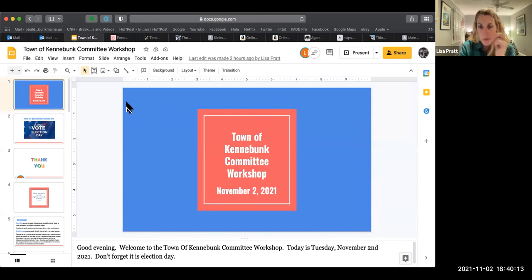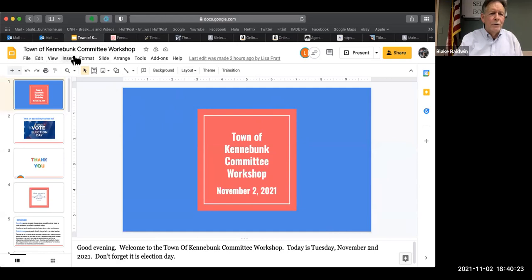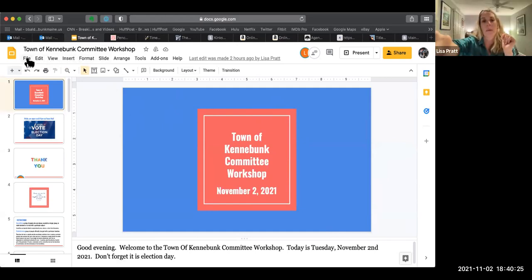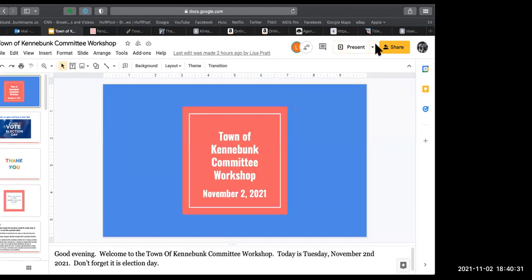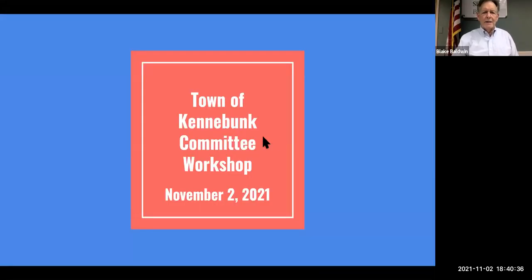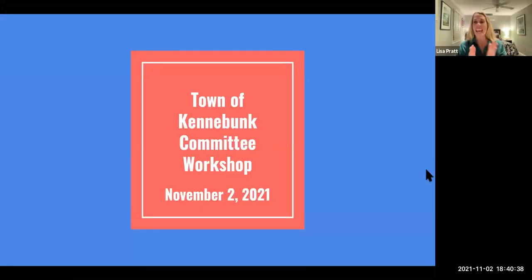So see at the top next to share, it says present on the right, all the way at the top. It says file, edit, view, insert. Keep going to your right. That's left, all the way to the right. Yeah, there we go. Says present. Okay. Ta-da. Yay. Thank you.